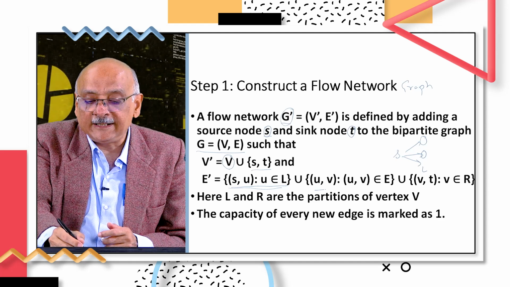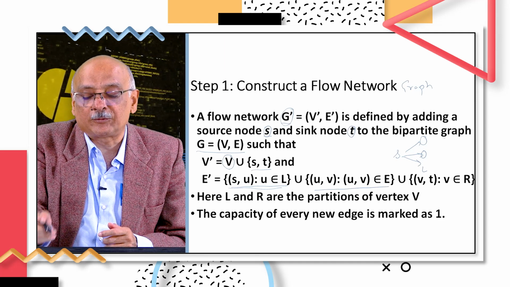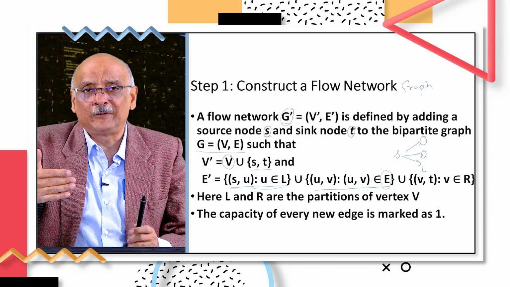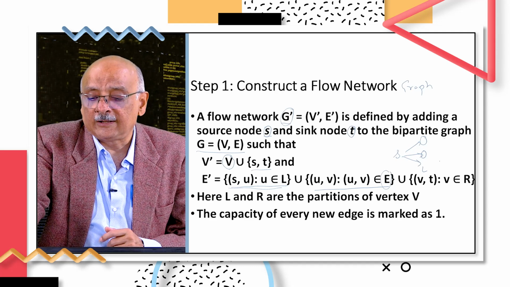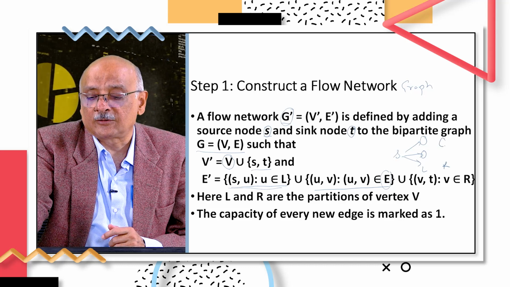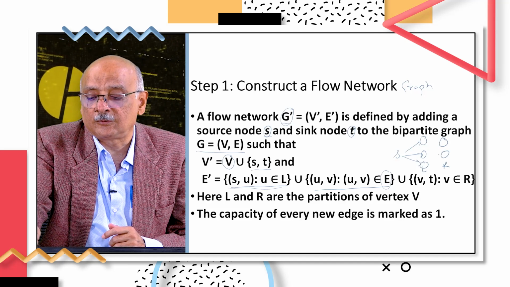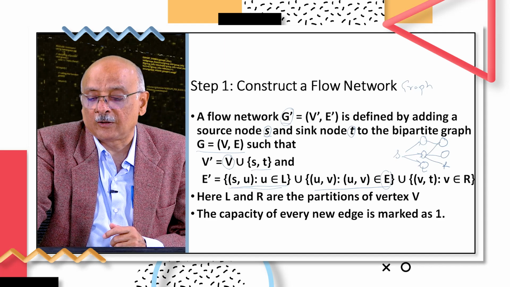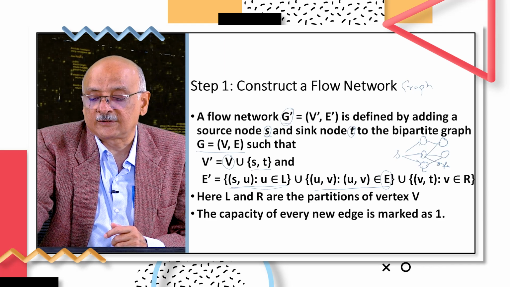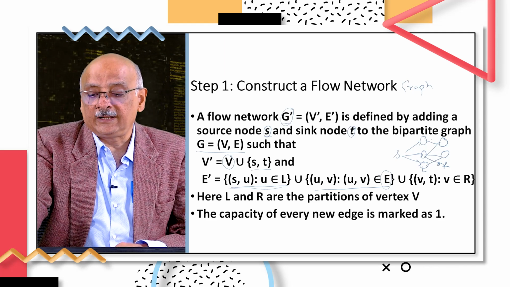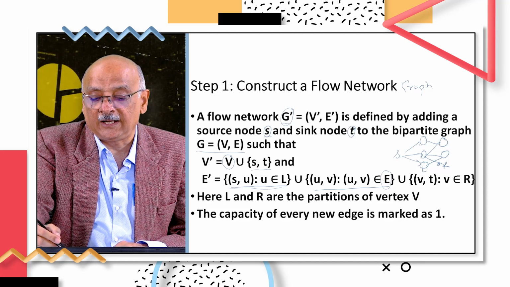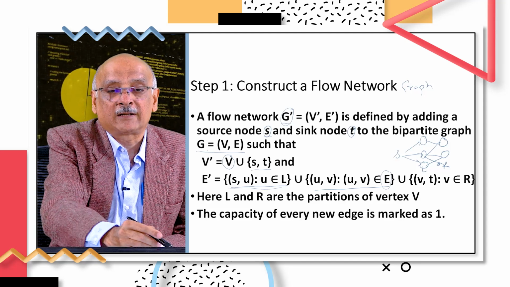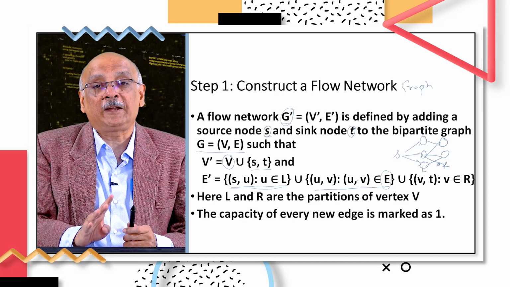And all the edges which were there earlier, which were part of E, will obviously be part of this particular graph. So, suppose we have just two nodes on the right side. All these edges which are part of E, that is the edge set of the bipartite graph, will also be there.